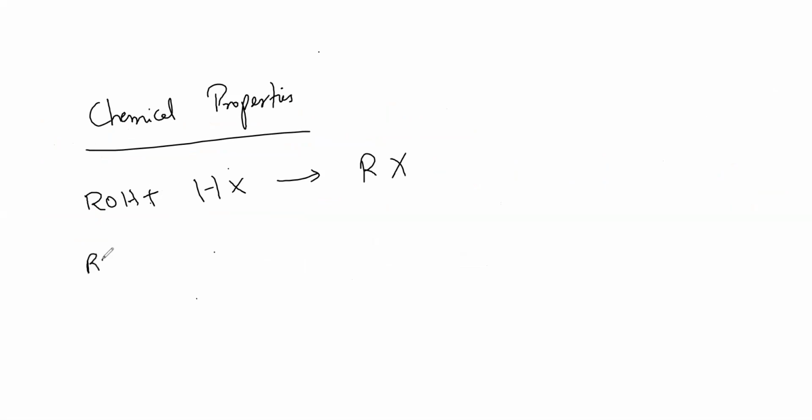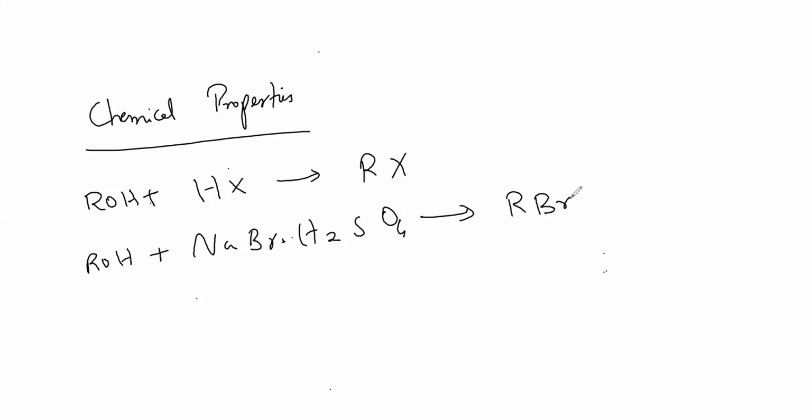Then again, alcohol, ROH plus NaBr and H2SO4 will give me RBr. Next thing, ROH plus HCl plus zinc chloride will give me RCl. I'm just writing the main product, that's it.